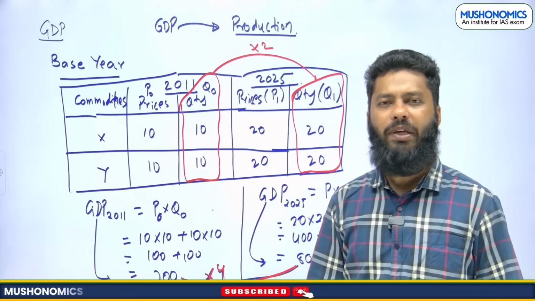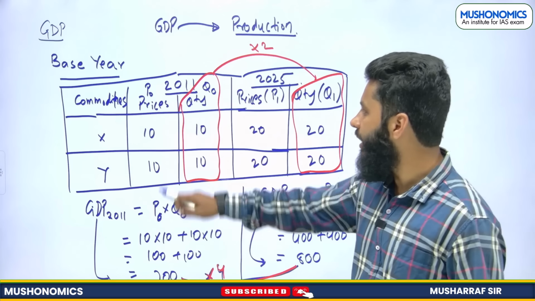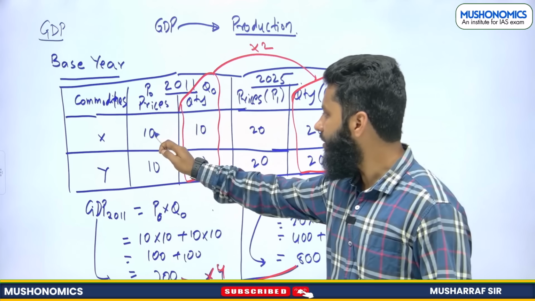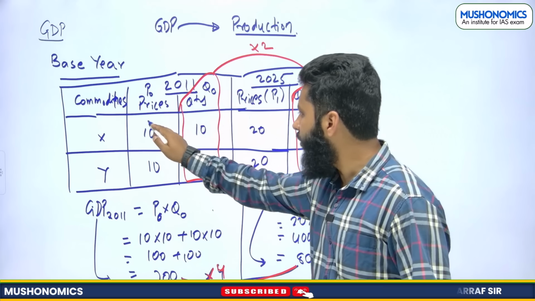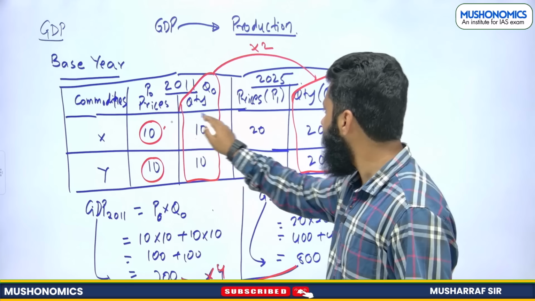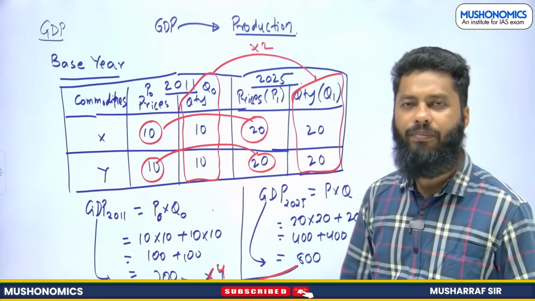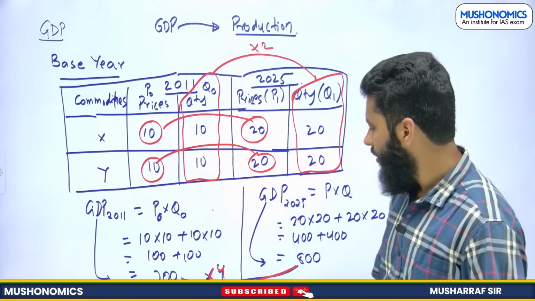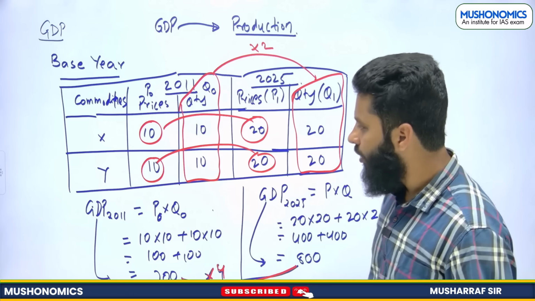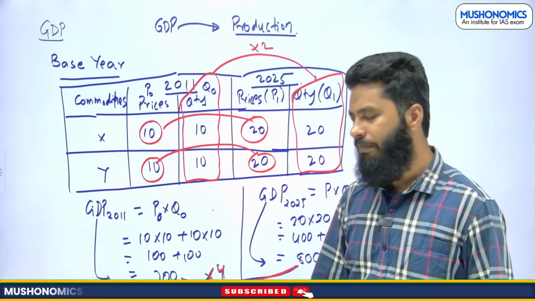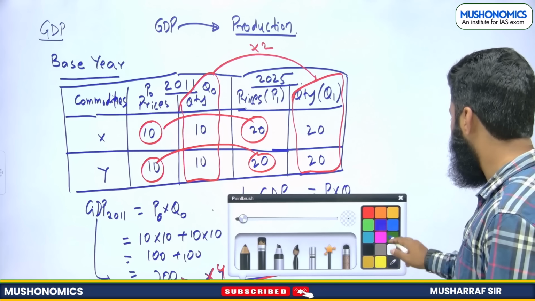The reason for this tremendous increase of GDP is the increase of prices, because with the increase in quantity, we are able to witness an increase in price as well. So, to eliminate the impact of the increase in price, what do we do here?